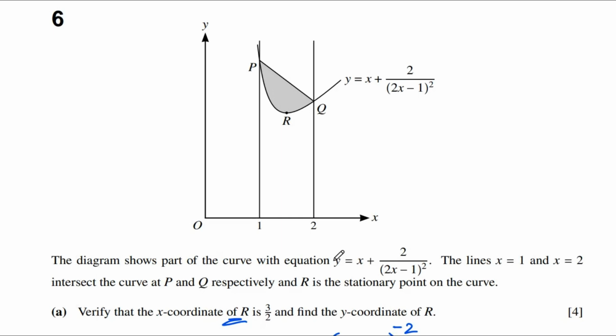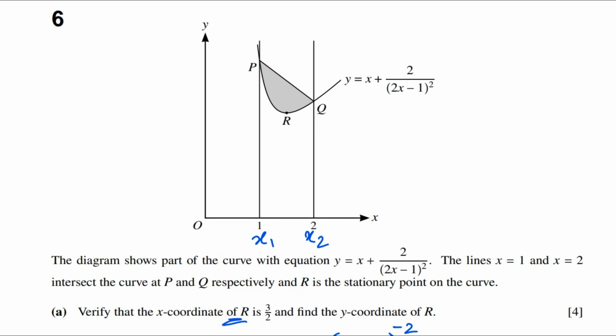From that, we need to subtract the area under the curve. Or you can find the area of the trapezium also. X1, P, Q, X2, that will give the area of the trapezium.